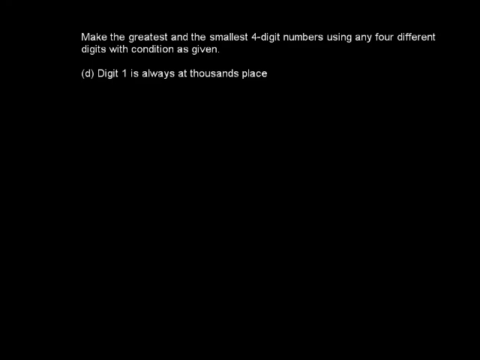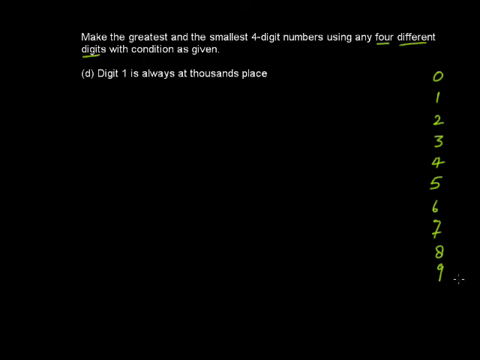Last example. Digit 1 is always at the thousands place. So first write 0, 1, 2, 3, 4, 5, 6, 7, 8 and 9. We have 4 different digits.